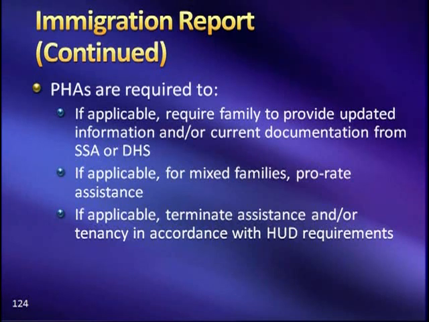And those are mixed families because there's more than one family member who has eligible status. However, for those members that do not have eligible U.S. citizenship or eligible immigration status, you have to prorate the assistance. And let me just remind you, non-citizens can be in this country legally but be ineligible non-citizens.